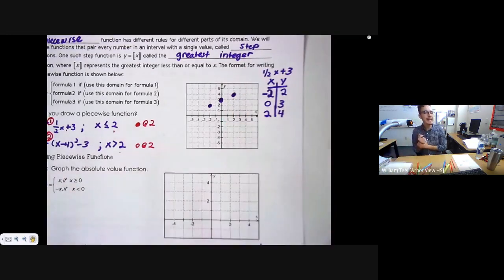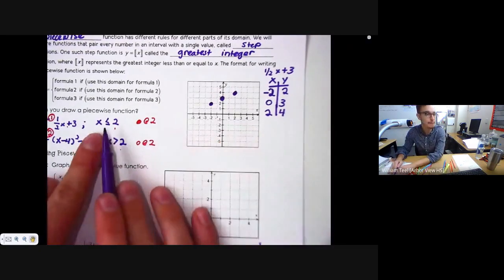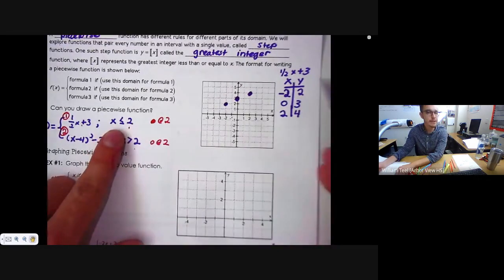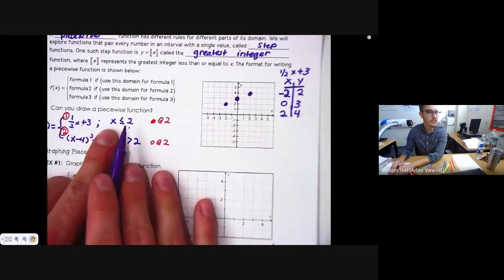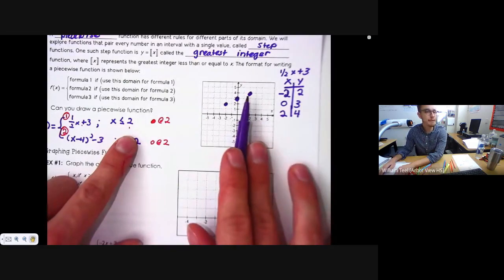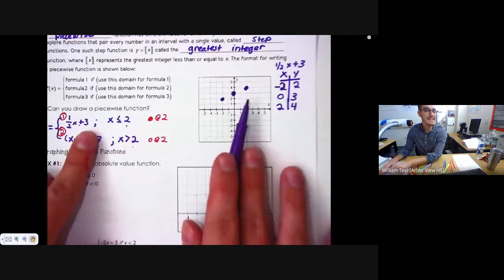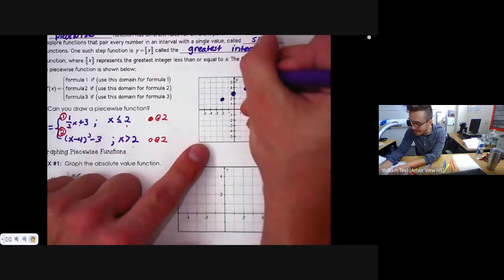Now, can I graph, say, positive 4 for an x value? Well, I can't because 4 is not less than or equal to 2. So once again, I can only use values that are less than or equal to 2, because once we get any farther to the right of 2, we are going to be moving into equation number 2, okay? So that means that right here, that is where we are going to stop.